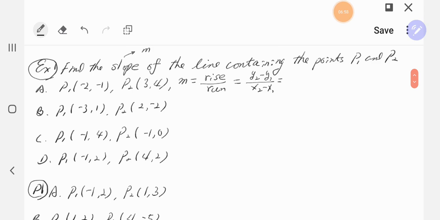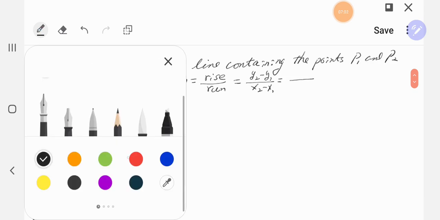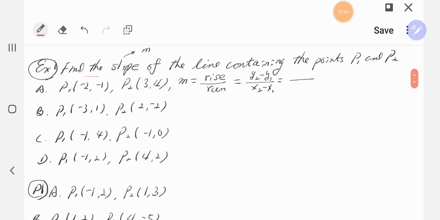So by using this slope formula, y2 is 4. Look at this. This is point 1, so this is x1, and this is y1. And this is the second point, so 3 is x2, 4 is y2.